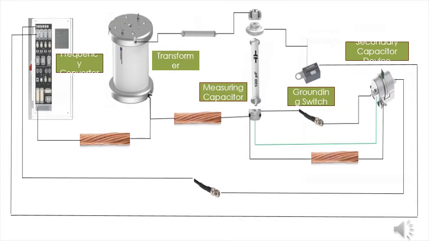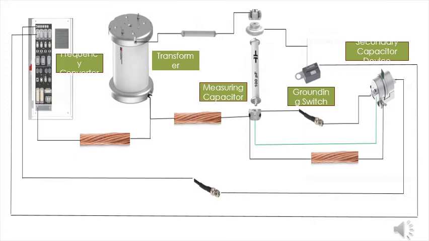As we can see, there are two groundings applied to this system. The first one uses a braided copper wire from the frequency converter to the transformer, then to the measuring capacitor, and lastly to the secondary capacitor device.